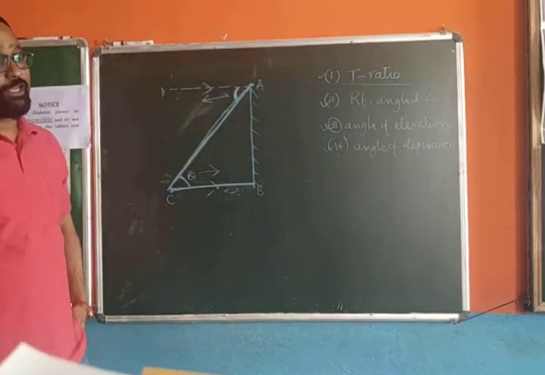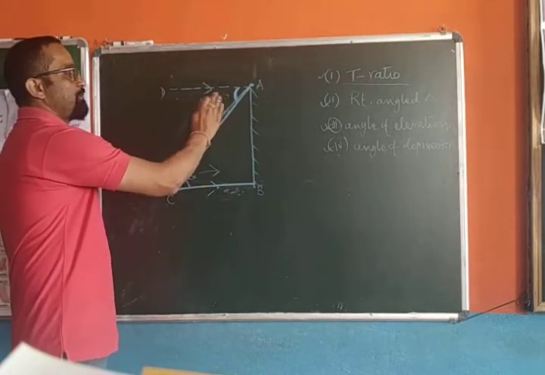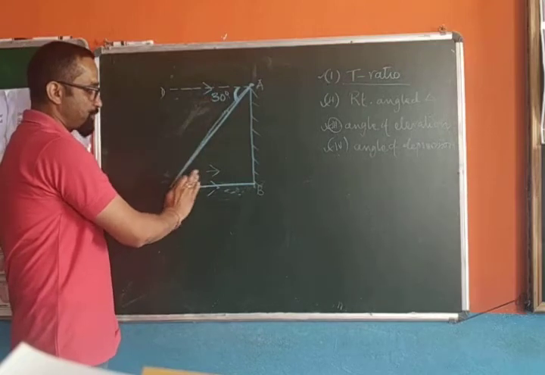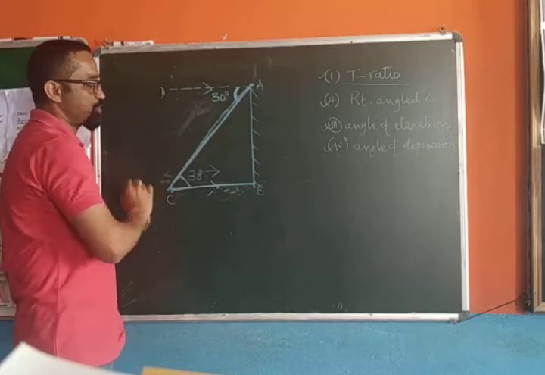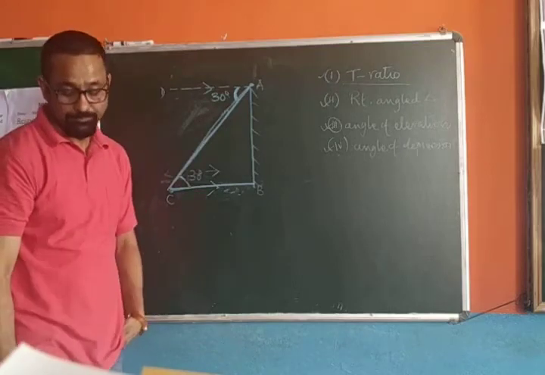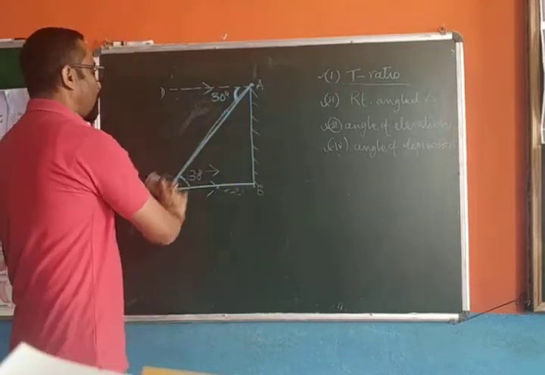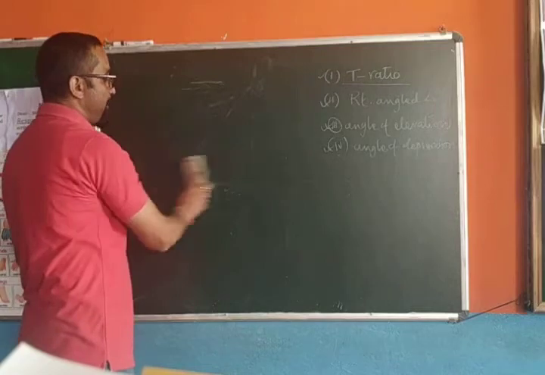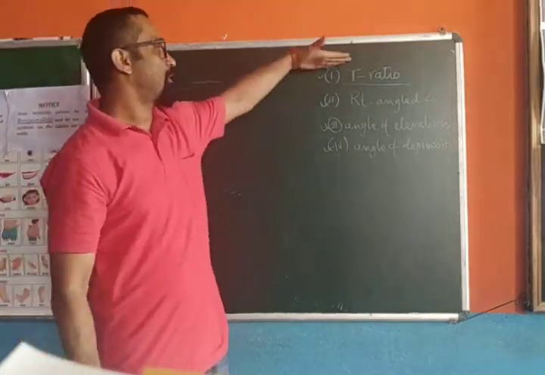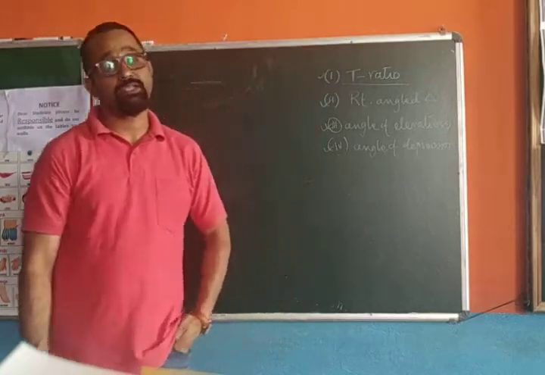So whenever you are given an angle of depression, you draw the diagram, use this angle of depression to get the angle of elevation, and then proceed with the calculation. So these are 4 important terms you need to remember to solve the sums from heights and distances.